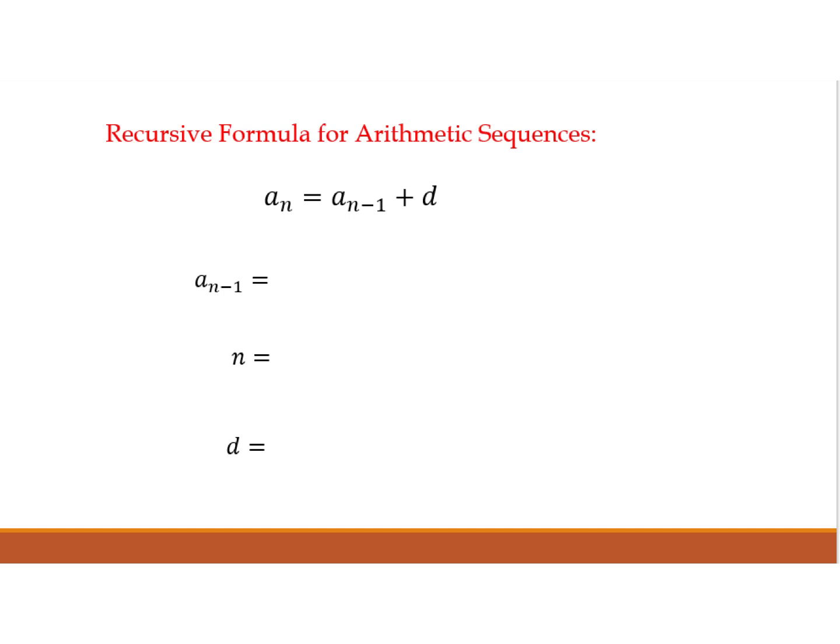The recursive formula for an arithmetic sequence is a sub n is equal to a sub n minus 1 plus d. Here you use the previous term to find the next term. A sub n minus 1 is the previous term.